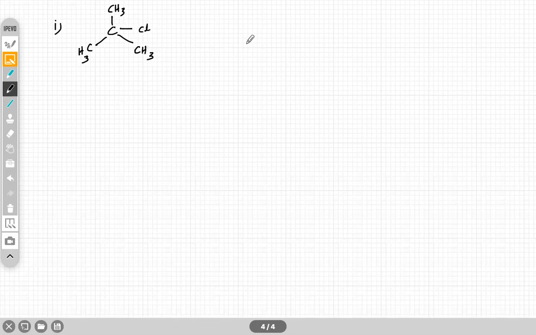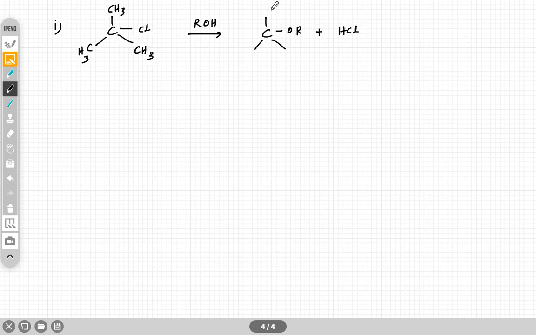The leaving group is chlorine, and it is allowed to react with ROH, an alcohol. The product of this reaction would be the same tert-butyl group, CH3, CH3, CH3, with OR, and we get HCl.